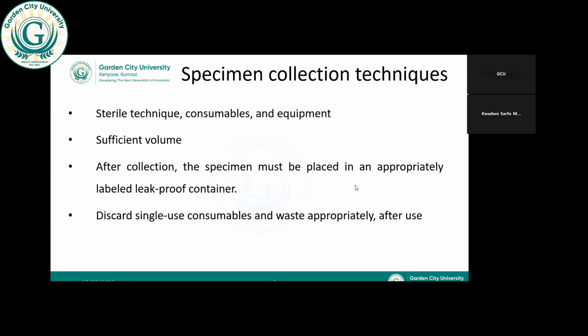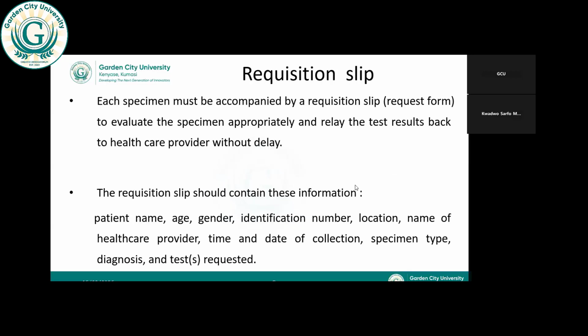Containers being for sharp objects. Then the purpose of the specimen should also be indicated.